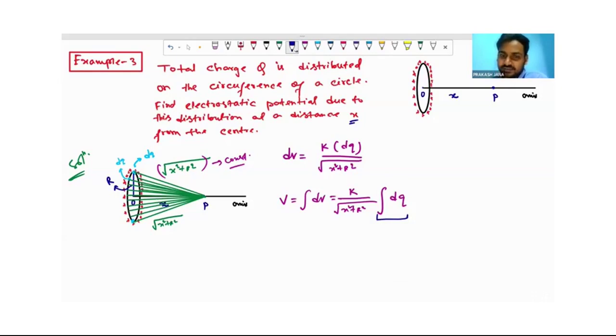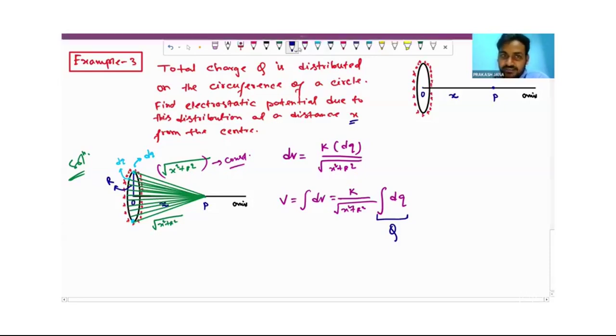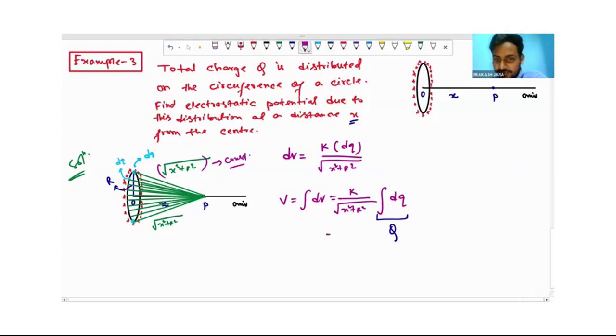This represents only the total charge which is distributed on the circumference of the circle, isn't it? And we are left with k by root of x square plus r square, and a q is multiplied. Let me write the q here for clarity.